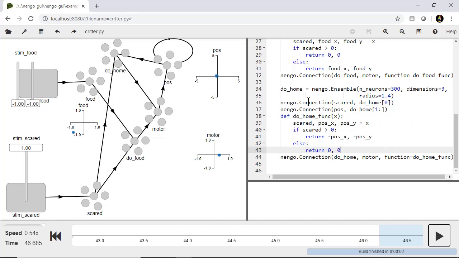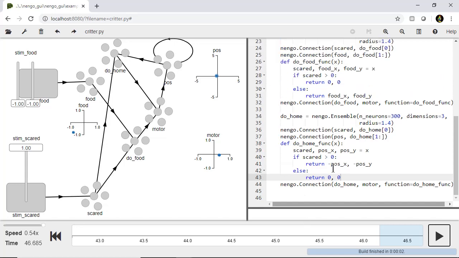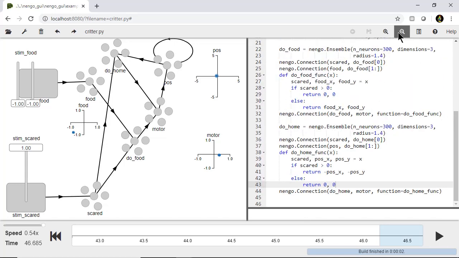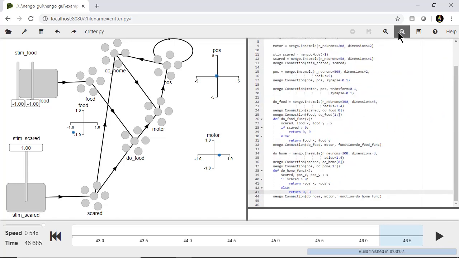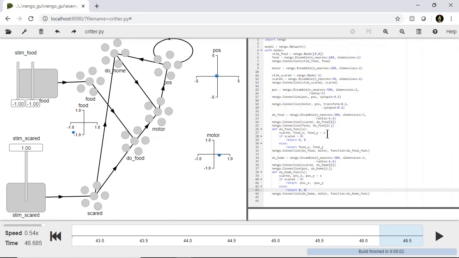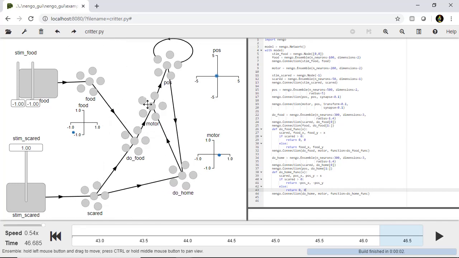Cool. All right. So I hope that was a useful little example of how to implement a tiny little brain. It's something like 1,000 neurons. It's got this weird structure.